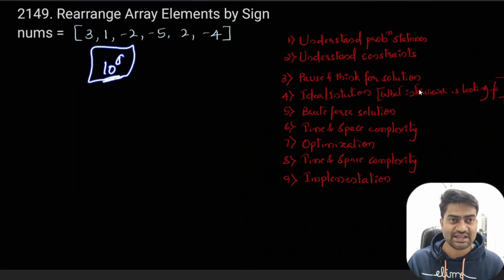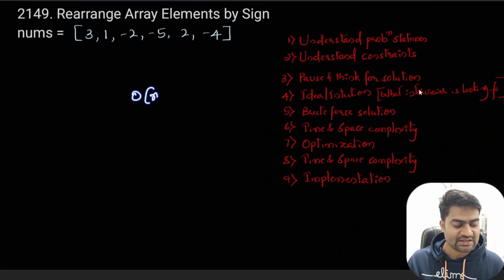We have discussed in many previous problems that if the length of the array is 10 raised to 5, then a solution in O of n square won't be accepted. So we need to try to solve this problem in O of n time complexity, and maybe O of n space complexity.